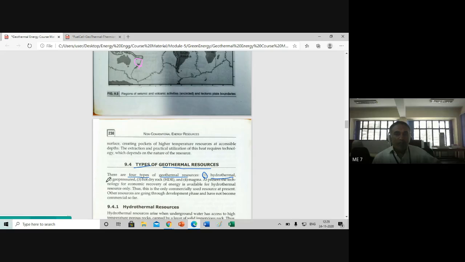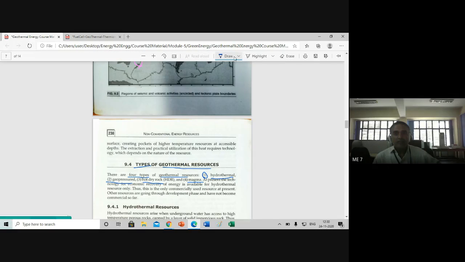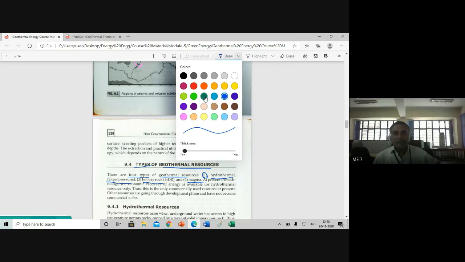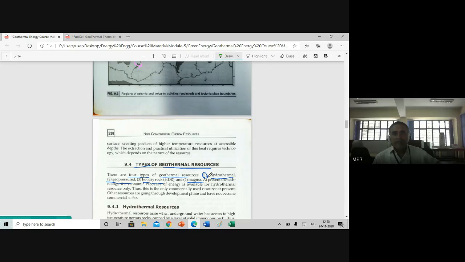The next type is geopressurized. Next is hot rock geothermal resource. Then magma type geothermal resource. At present, the technology for economic recovery of energy is available for hydrothermal resource only.